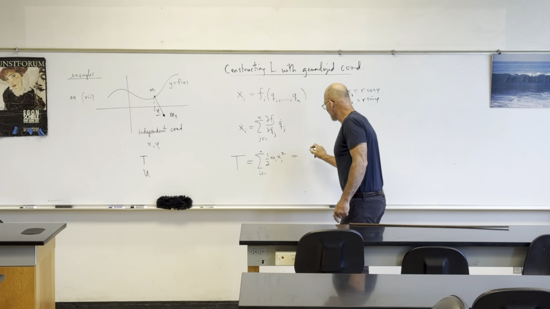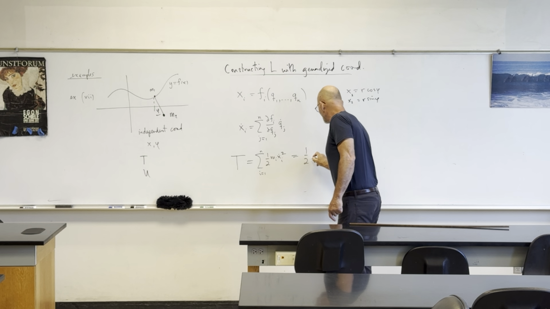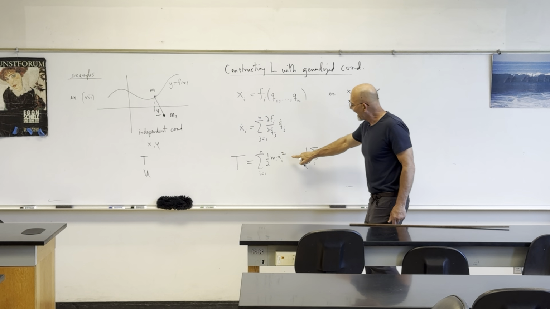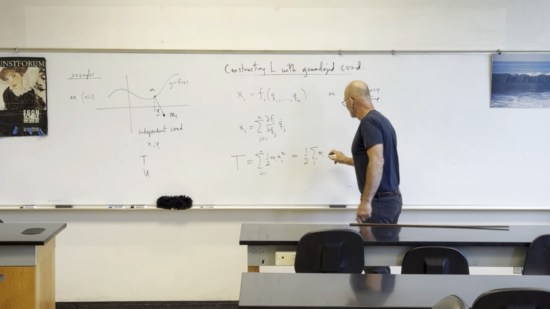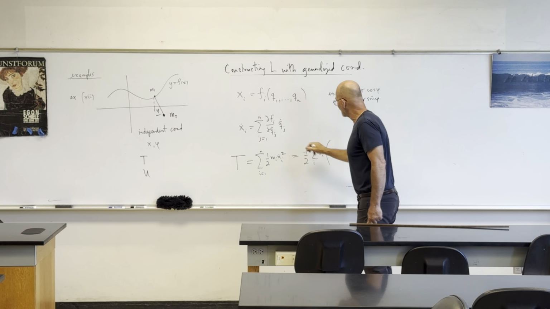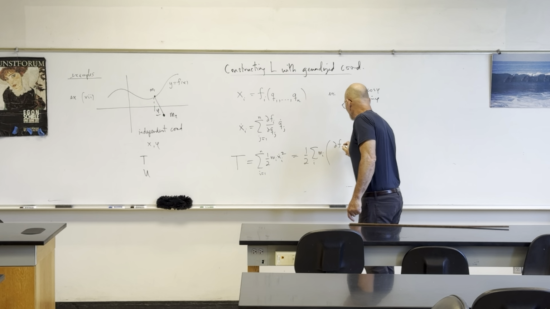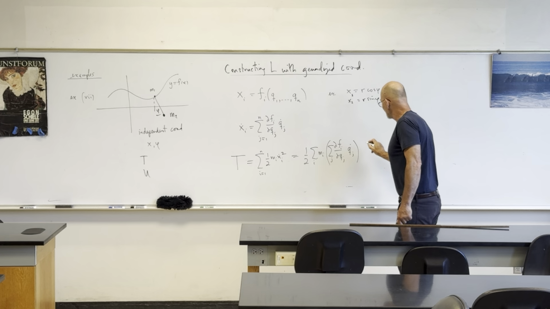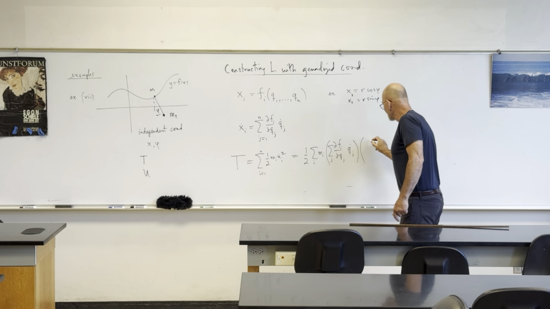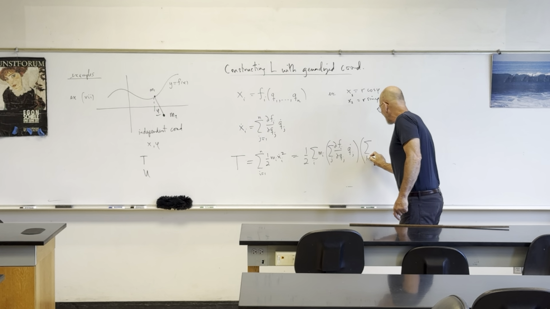What we do is the following. We take a half, sum over i, m sub i, but the x sub i dot squared, we're not just going to square this sum here. We're going to put this sum in here, df sub i dq sub j, q sub j dot, sum over j, and instead of squaring this expression, we're just going to rewrite it in terms of k.